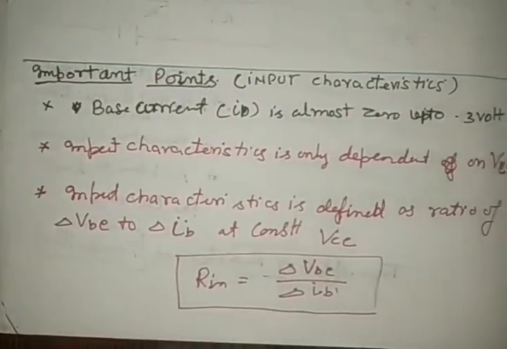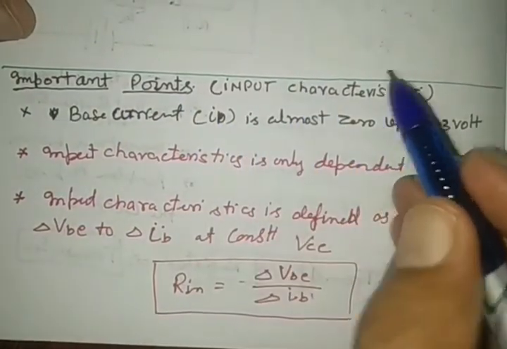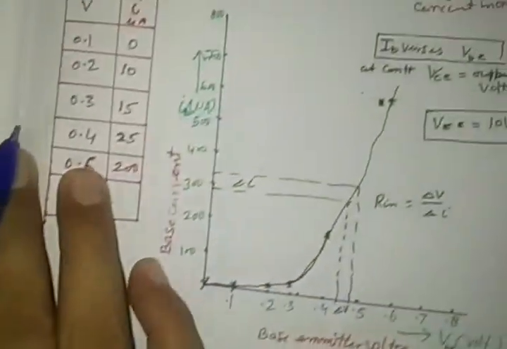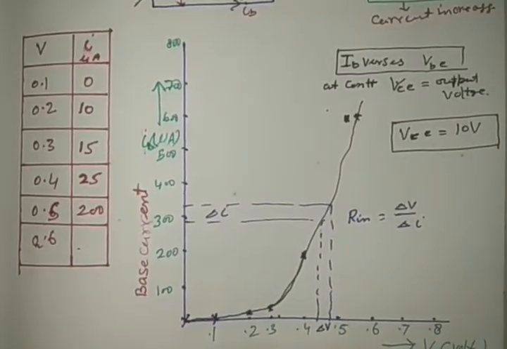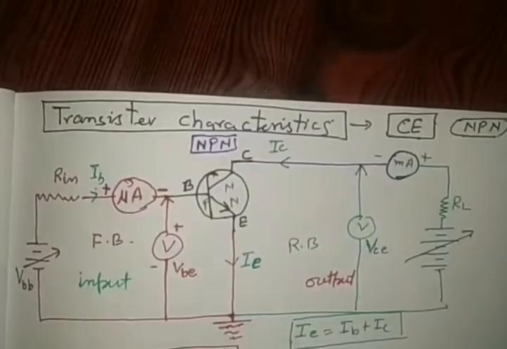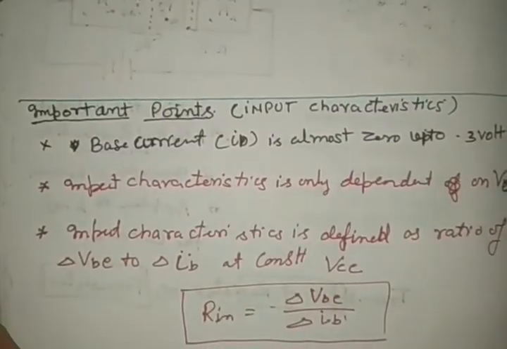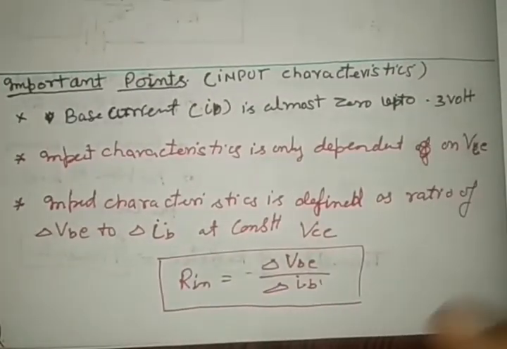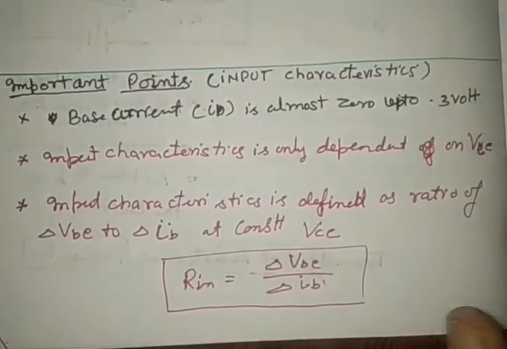See here very carefully. The important points under the input characteristic curve, which is plotted by this circuit arrangement in the diagram. What points did we obtain here? The base current IB is almost 0 up to 0.3 volt.